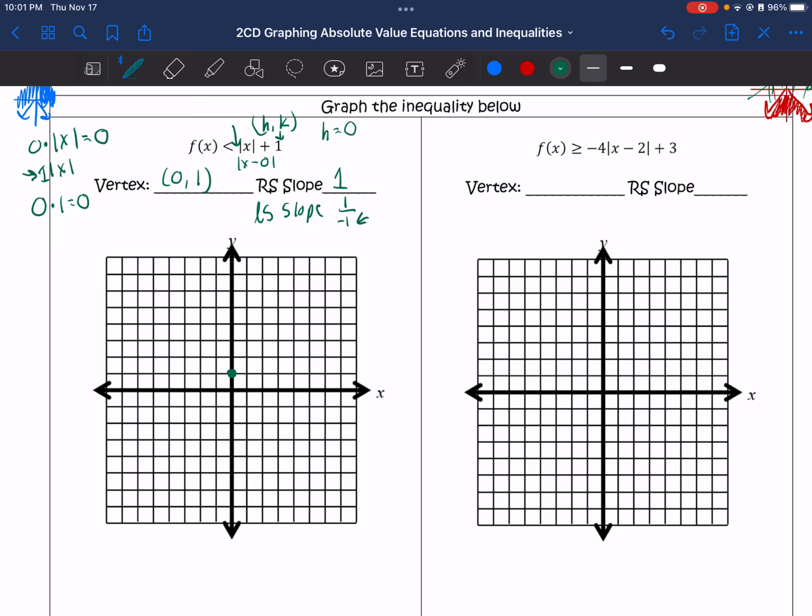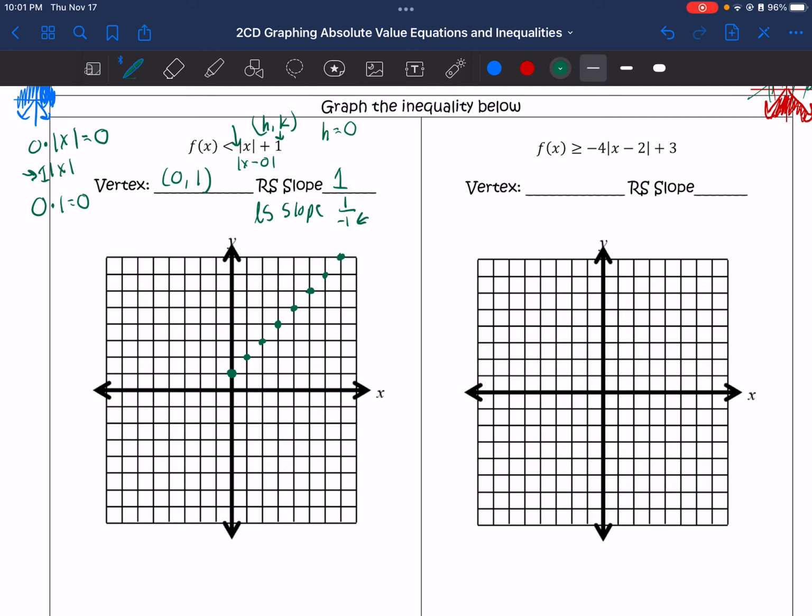Now we're going to use our right side slope to get our next points. We're going to go up 1, right 1, up 1, right 1, all the way up. You don't have to draw this many points. I am just drawing these points to help solidify it. And we're going to do the same on the left side.